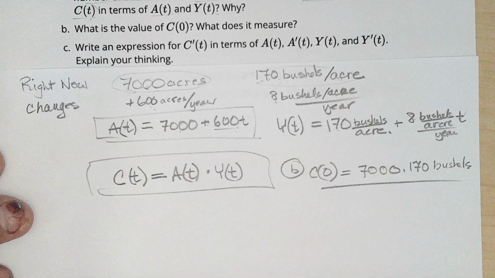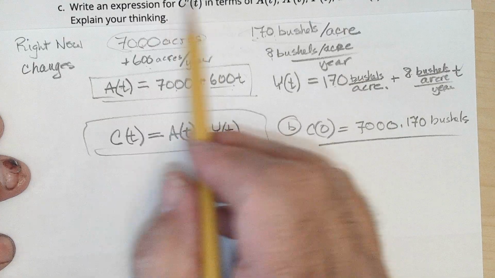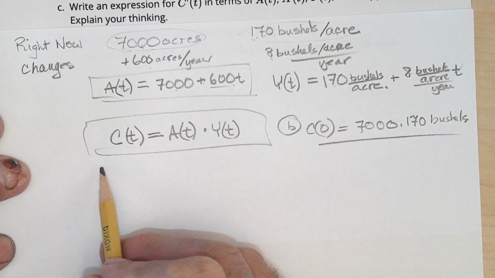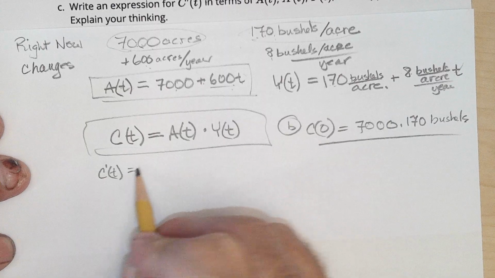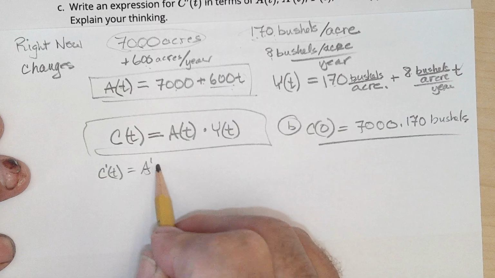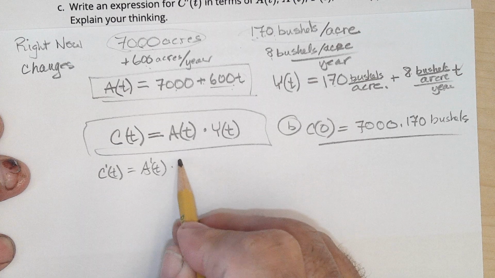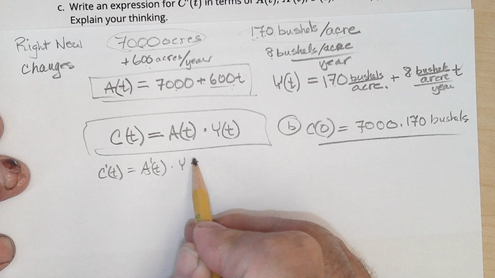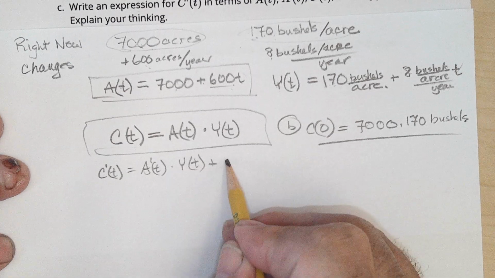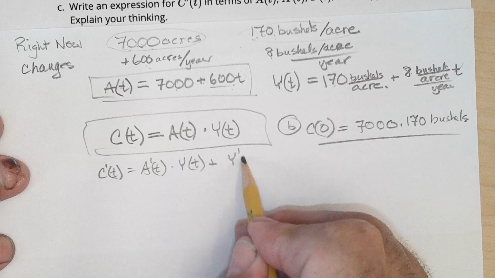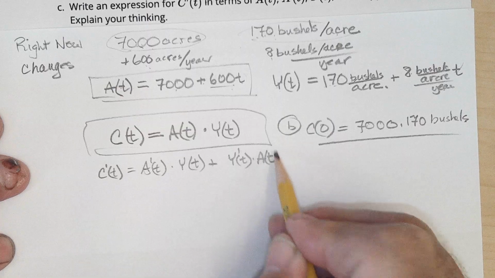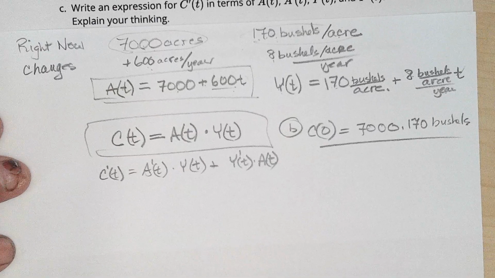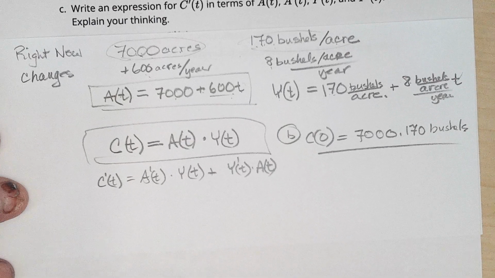C. What's the derivative? Well, product rule says C prime of t will be derivative of the first times the second plus the derivative of the second times the first. Because it's a product rule.